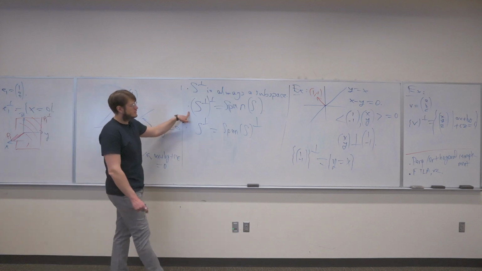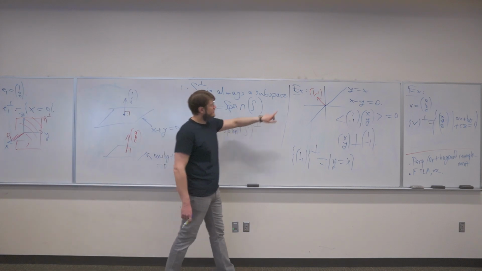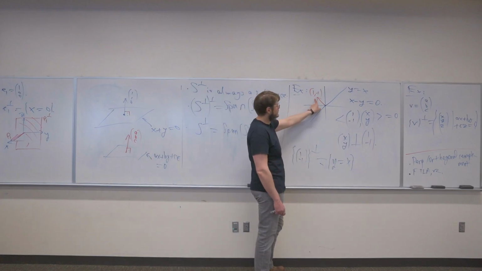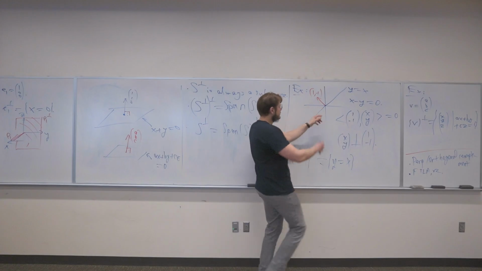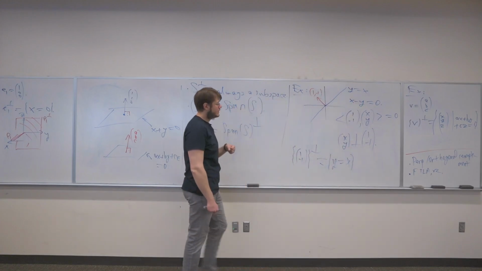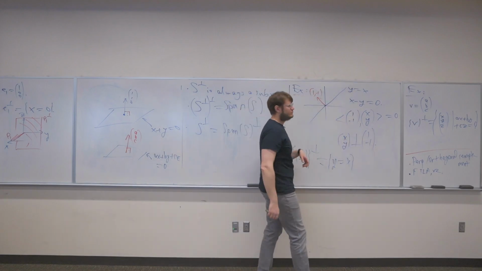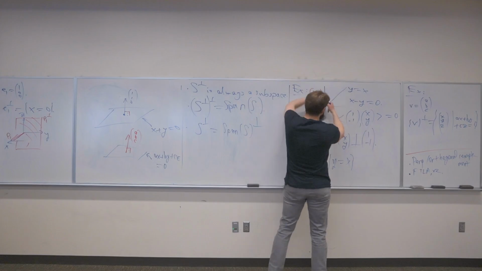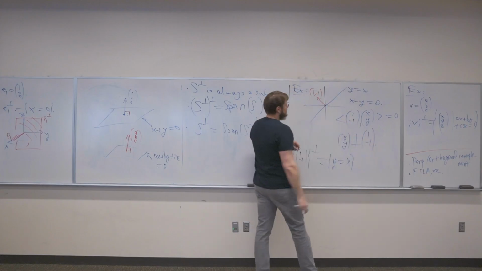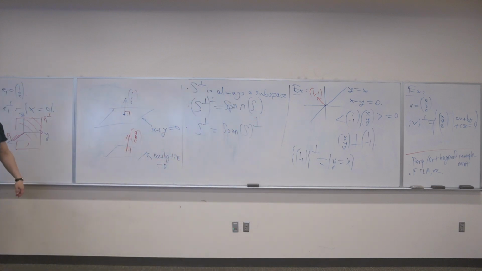I want to try to make sense of this expression. In this case, for instance, our S consisted of one vector only. Once we take the perp of it, we get this line, y equals negative x. That's the span of (1, -1). But then, when you take the perp of this, what are all the vectors that are orthogonal to this? Well, you're going to get back this whole line. So you see, if I start with (1, 1) as a single vector, take double perp, now I have the span of (1, 1).